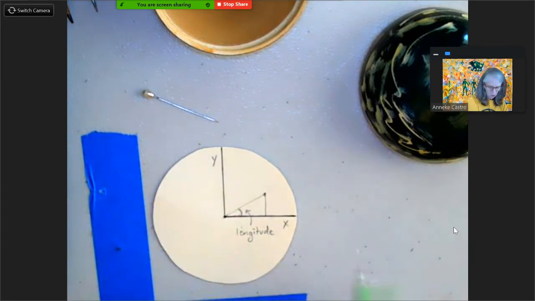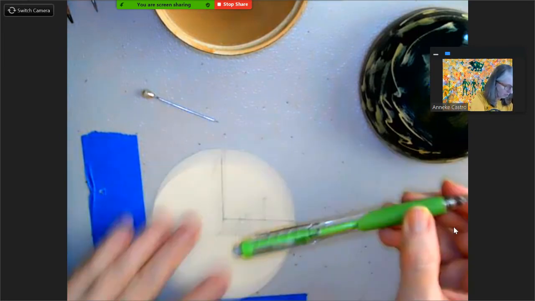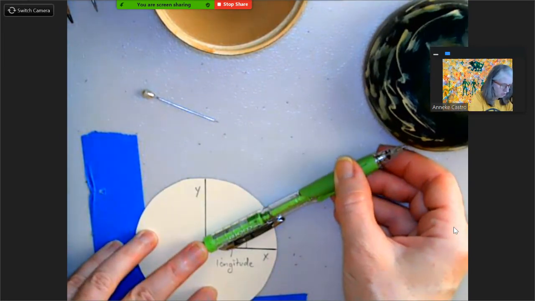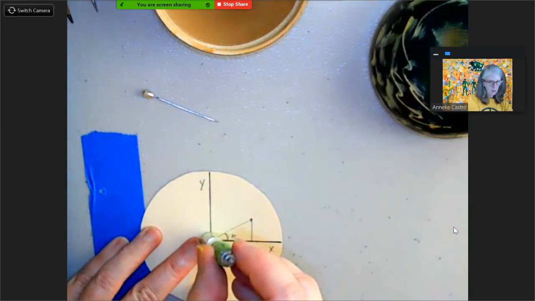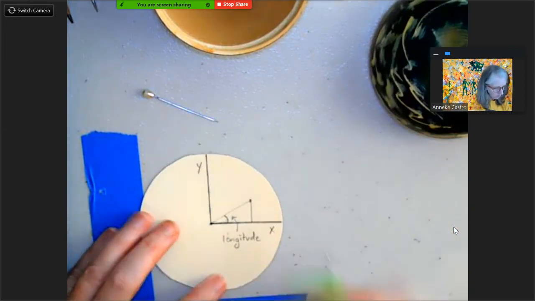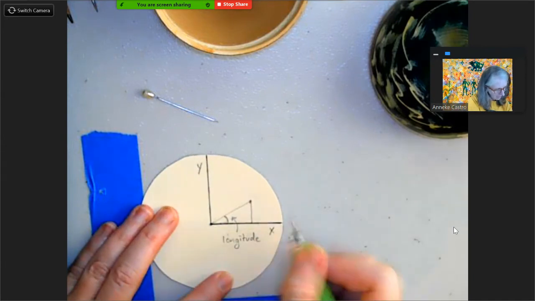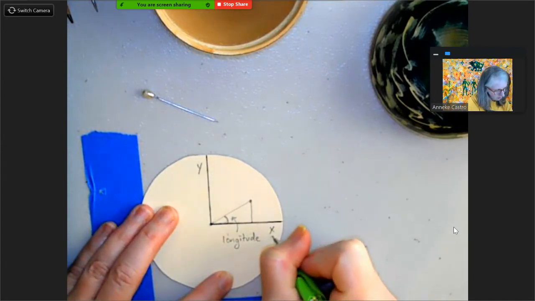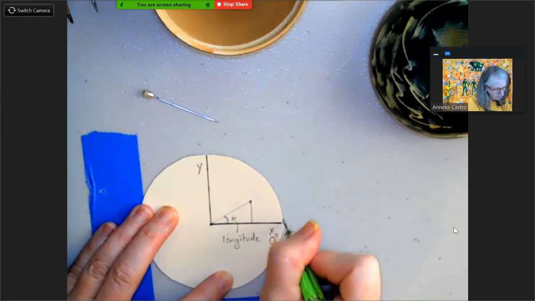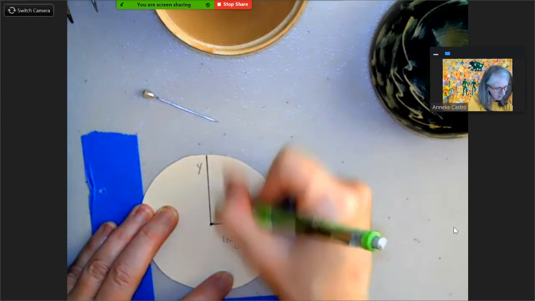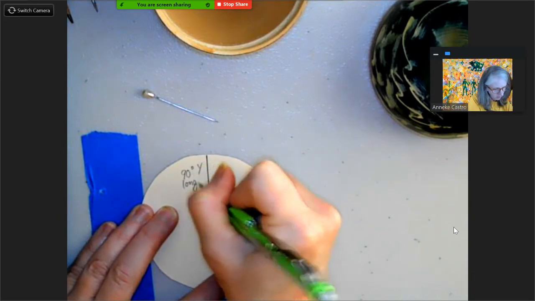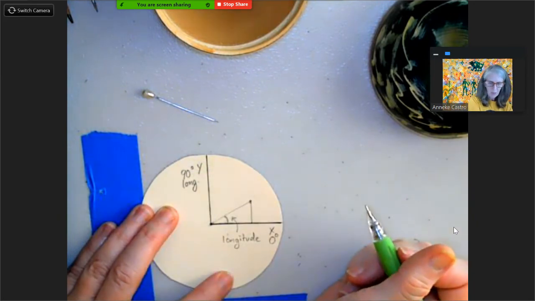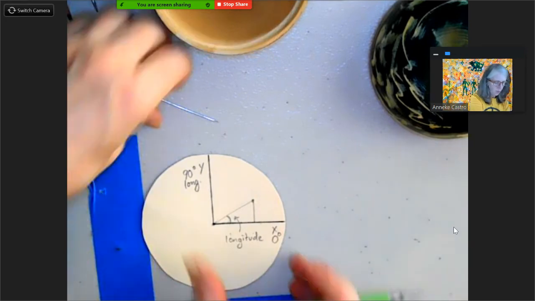And then your latitude is you're here, and you're going to rotate up. I almost forgot: my x-axis would be 0 degrees longitude, and my y-axis would be 90 degrees longitude. But my latitude is going in the z direction.